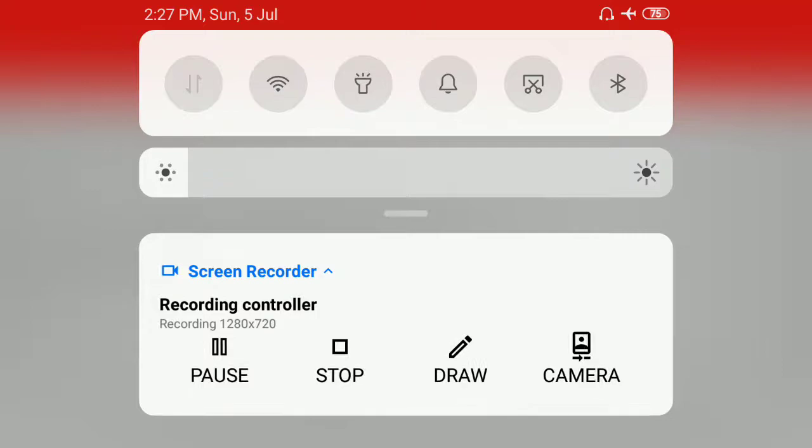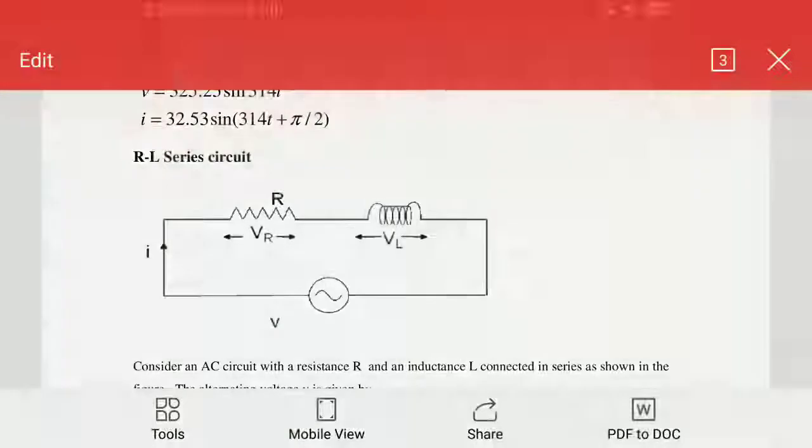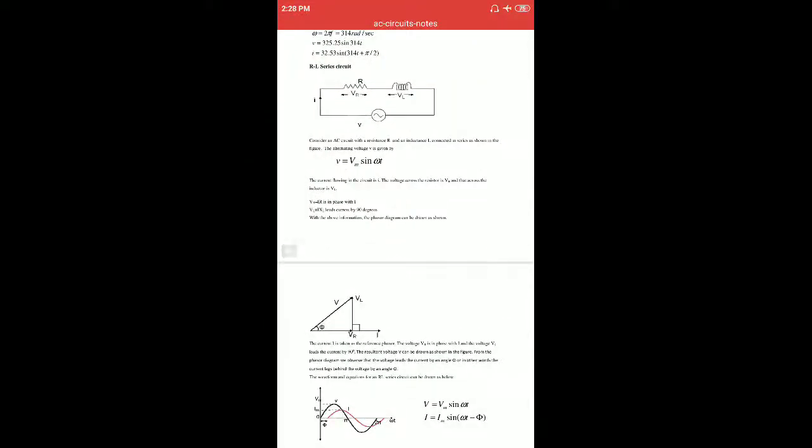Now, what are the different voltage across the resistance, voltage across the inductor, and waveforms?